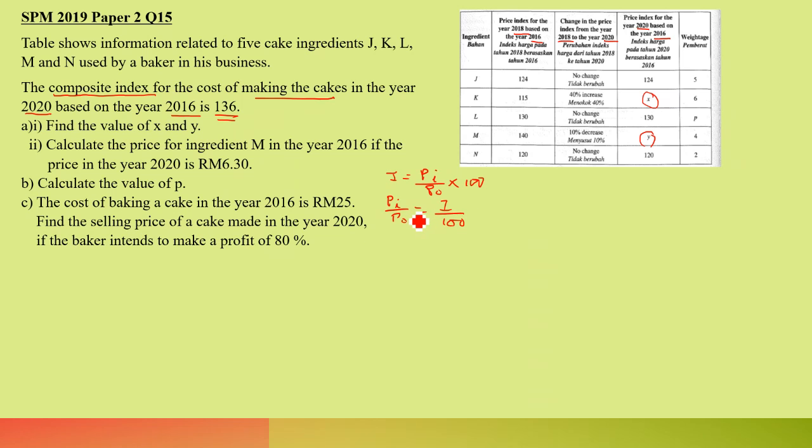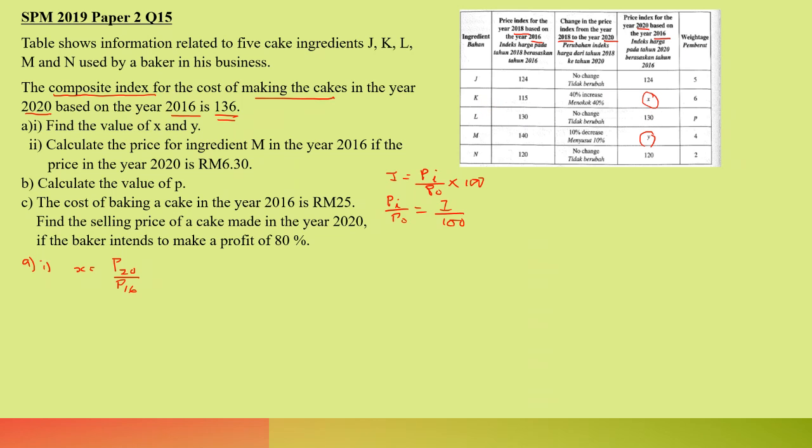So now what does X stand for? Question A, part 1, X stands for the price. I'm going to use the years given here as your year and your base year. So the price for year 2020 divided by the price for year 2016, that is your X for ingredient K.